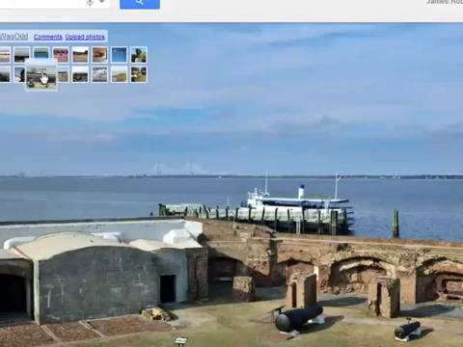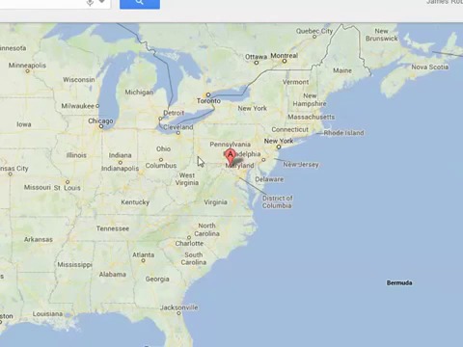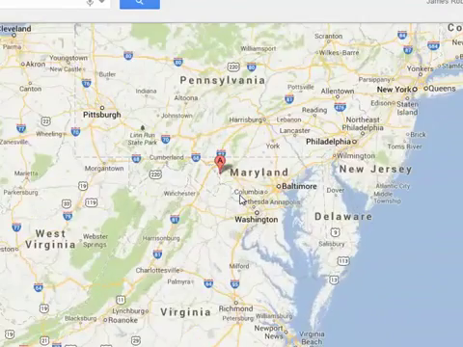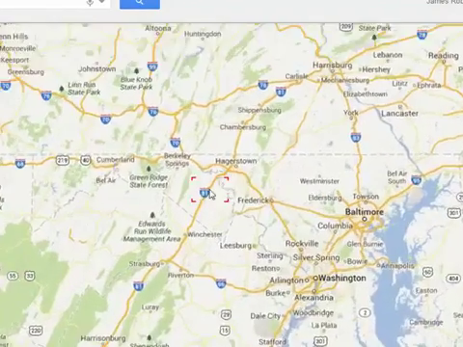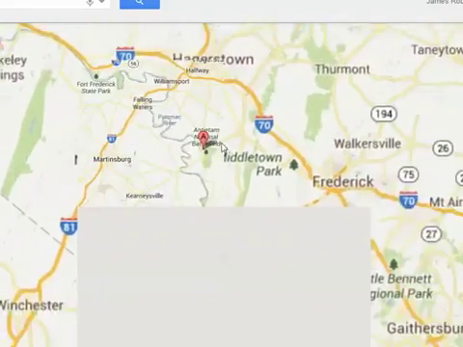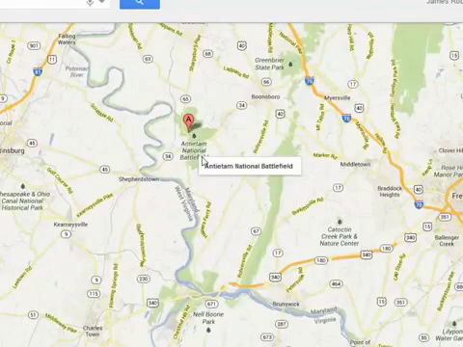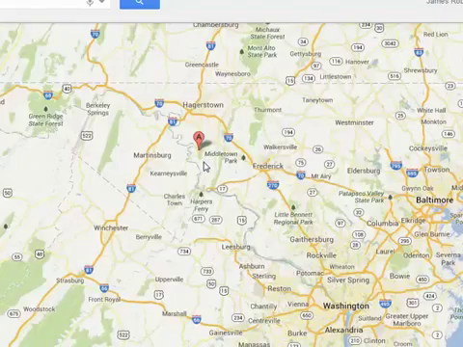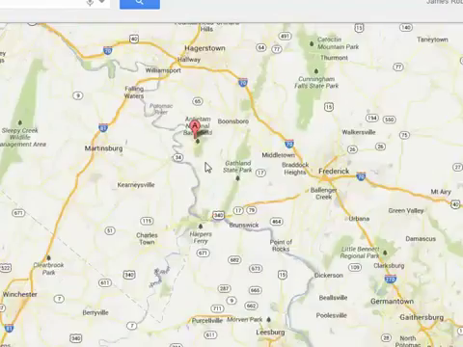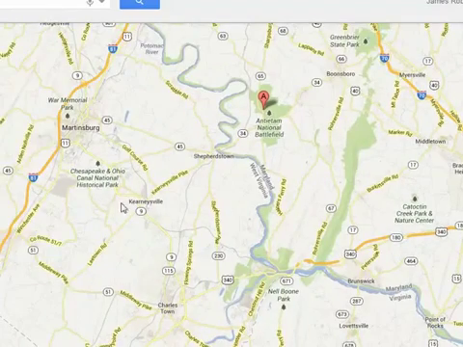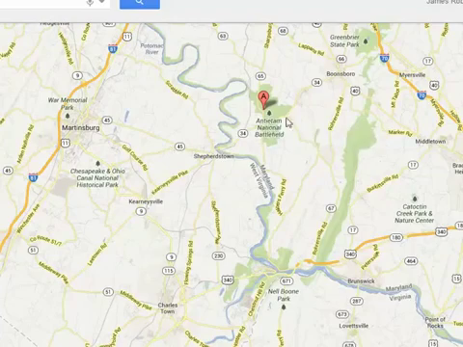And if we want to, we can also go to Antietam. Here's Antietam in Maryland. Let's go there and look. Antietam National Battlefield. You can go there if you want to. Here's the Potomac River. Here's where Lee came across the Potomac. There's Antietam.